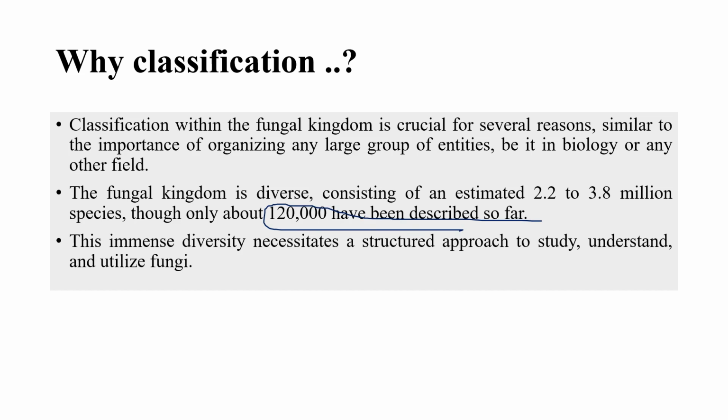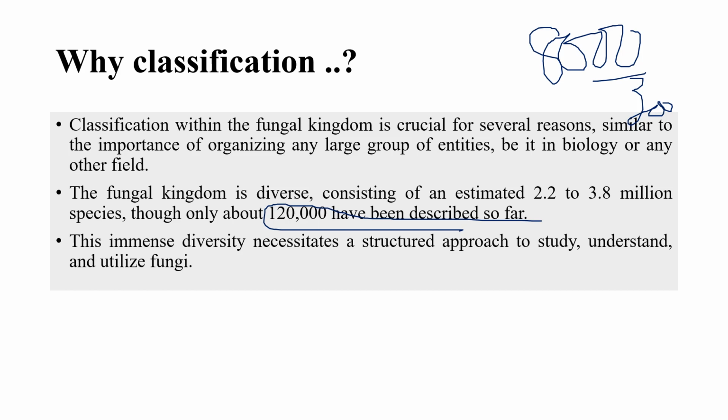Among those 120,000 to 130,000 species of fungi, 8,000 species have been identified as plant pathogenic. Among them, 300 species are human pathogenic. Just imagine how diverse it is and how difficult it is to identify.